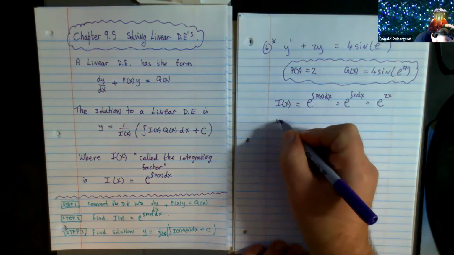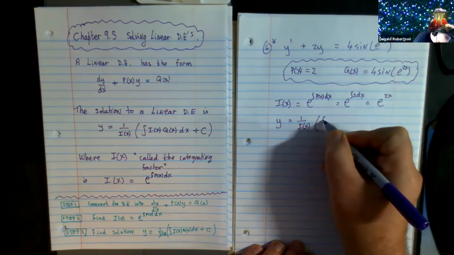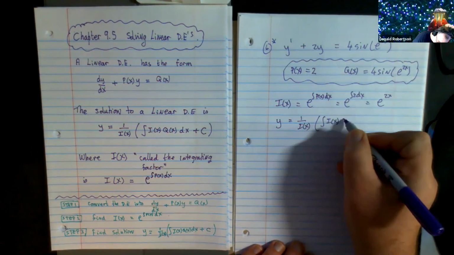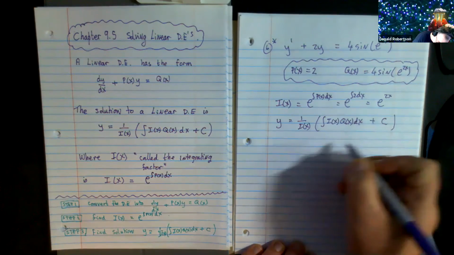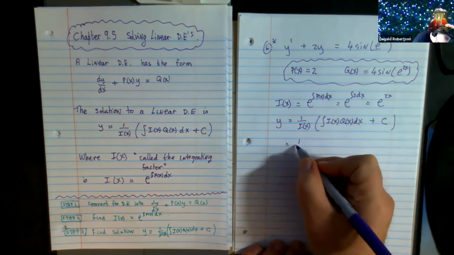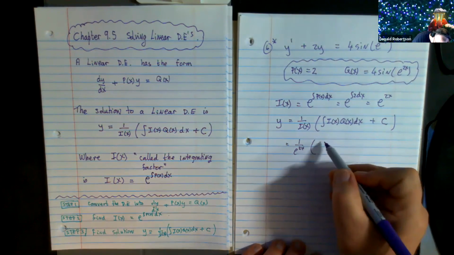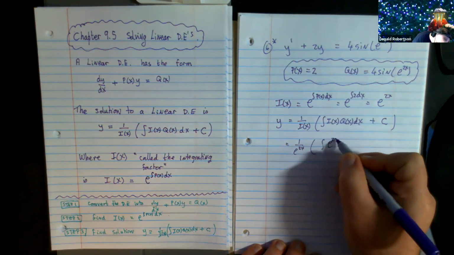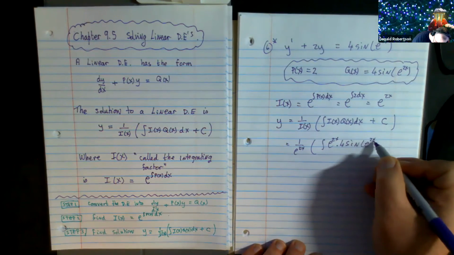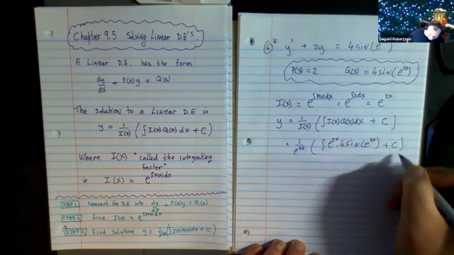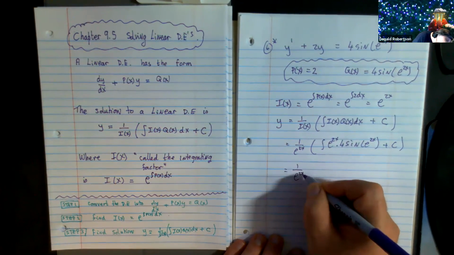So my solution, which is this fella, is one over e to the 2x times the integral of e to the 2x times 4 times that guy plus c. I'm not going to do this question much further.